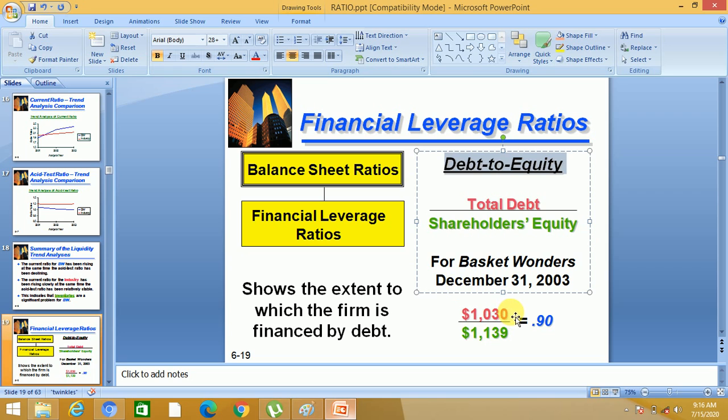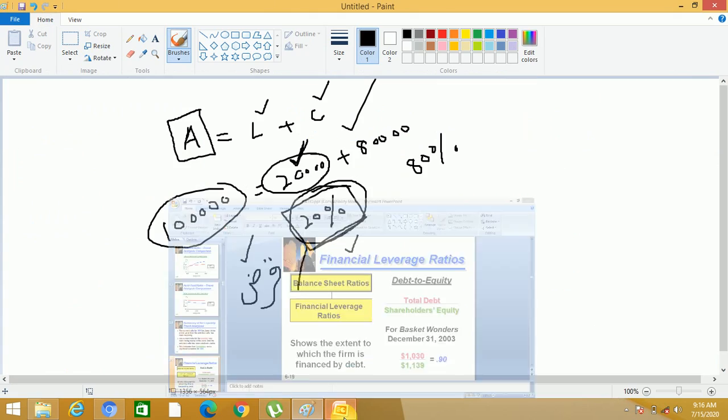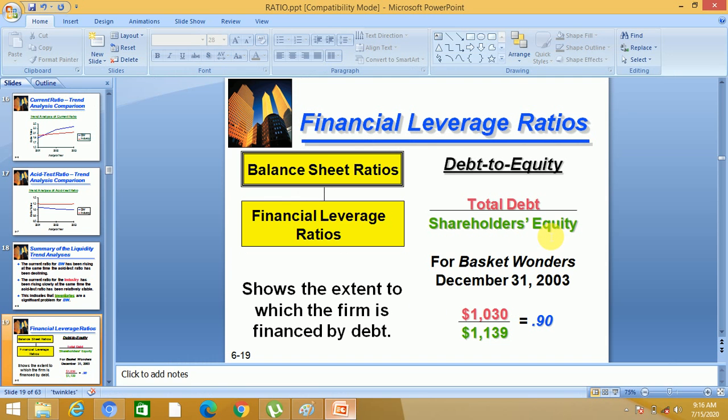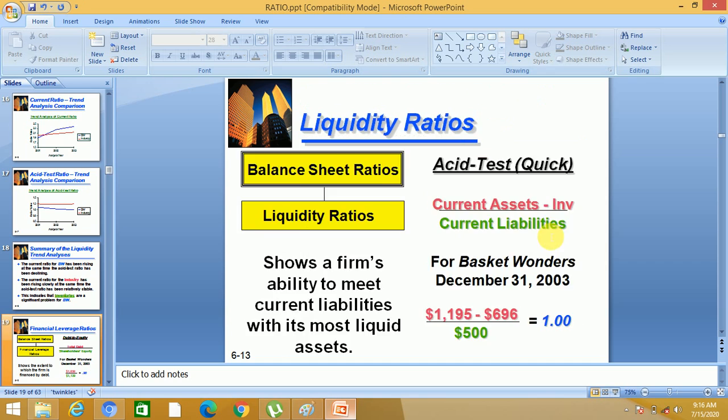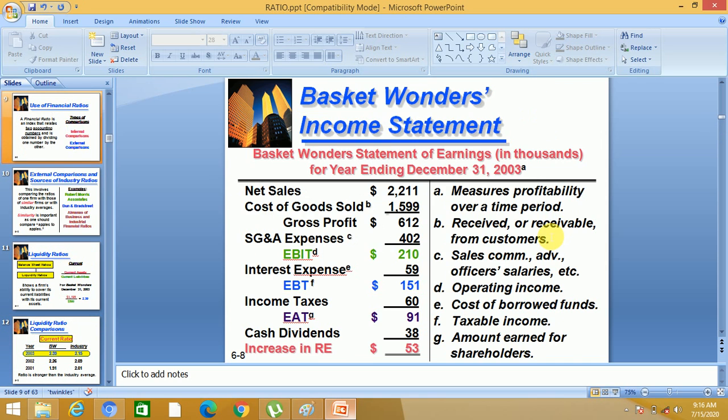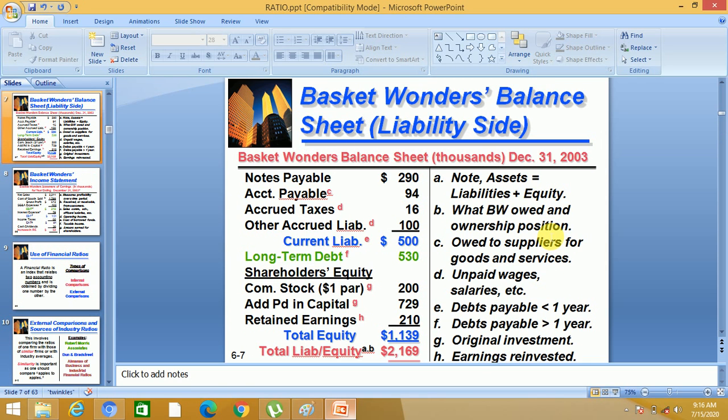The total debt of the firm is 1,030, and the total equity is 1,139. Look at this. Go back to the balance sheet. See, this is current liability, this is long-term liability.